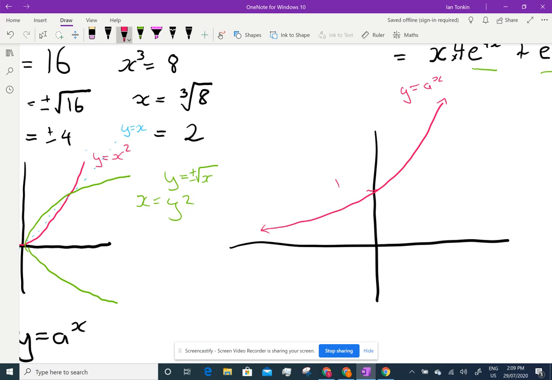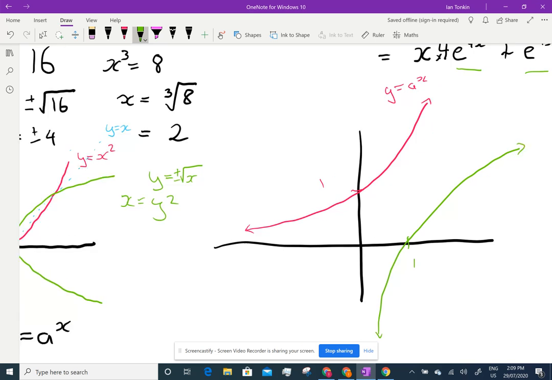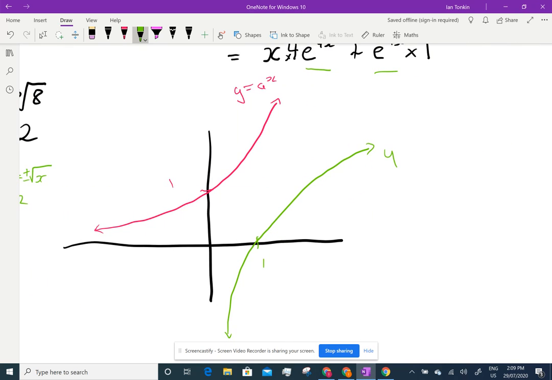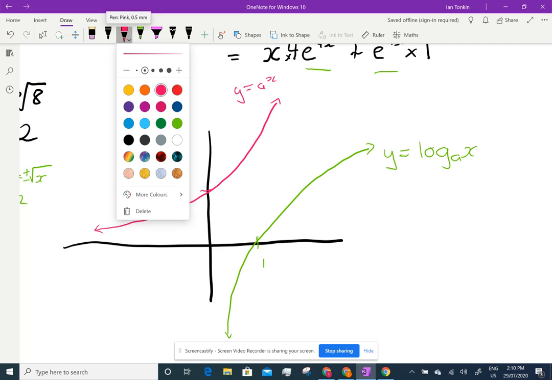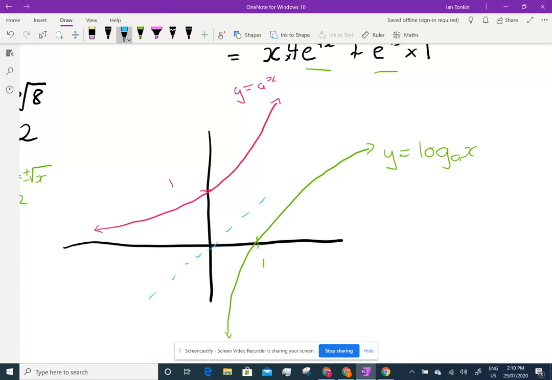Well, the thing that undoes it, the inverse operator, will be a reflection there, going through 1. And we call this operator y equals log to the base a of x, and they are inverse operators because they are a reflection in the line y equals x.